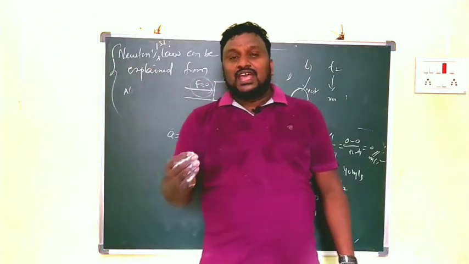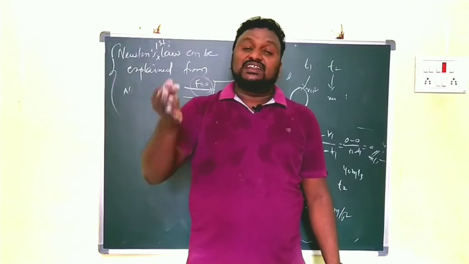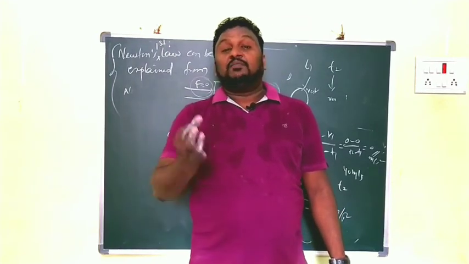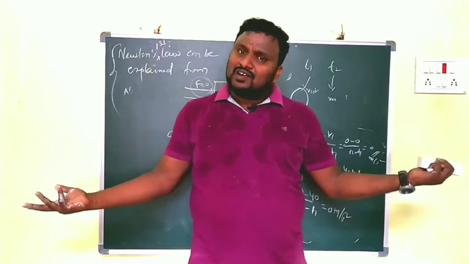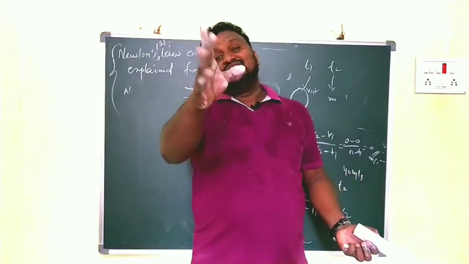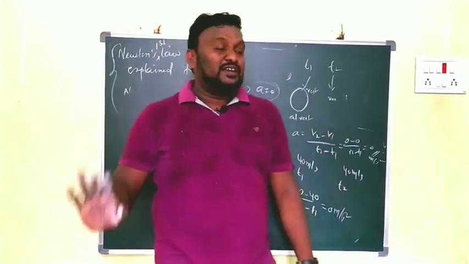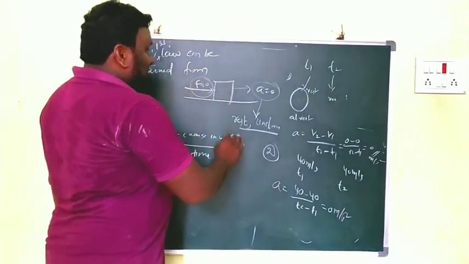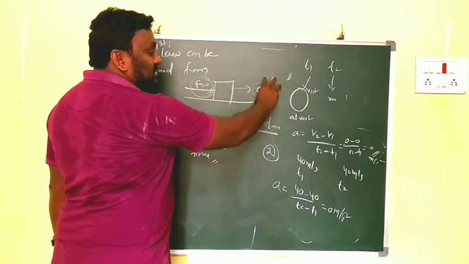That means if there is no external force acting on a body which is at rest, it should remain at rest. A body which is in uniform motion should remain in uniform motion. That is what we call Newton's first law of motion. Clear, children? So now, simply, when the force is 0, acceleration is 0. When the acceleration is 0 means what?